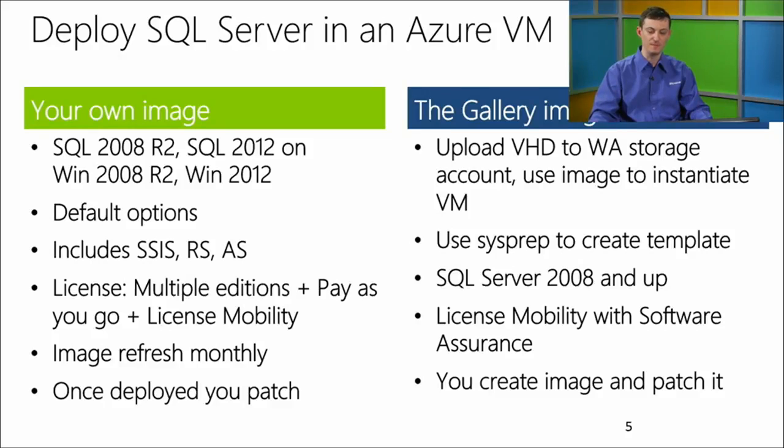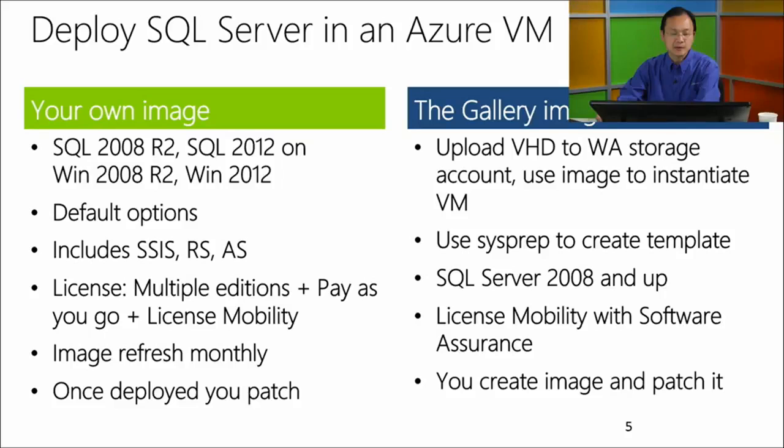After running sysprep, you upload it like you did for an individual VM, but when uploading, you choose that you're not uploading a VM image, you're uploading a gallery image. That will appear in your personal gallery, and you can create multiple virtual machines from it. So those are the two choices.